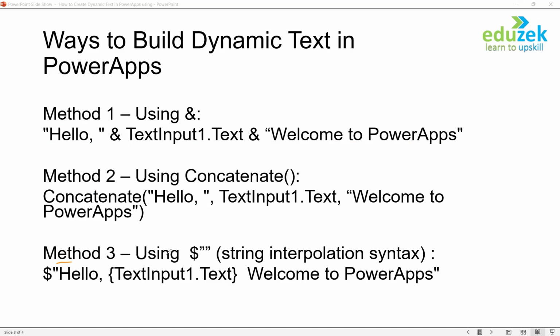And method 3 using string interpolation. So this is the syntax for string interpolation. So dollar, double quotes. This is the static text and this is the dynamic value. So dynamic values, we have to write in curly braces. So this is the open curly brace and this is the close curly brace. And this is the static text.